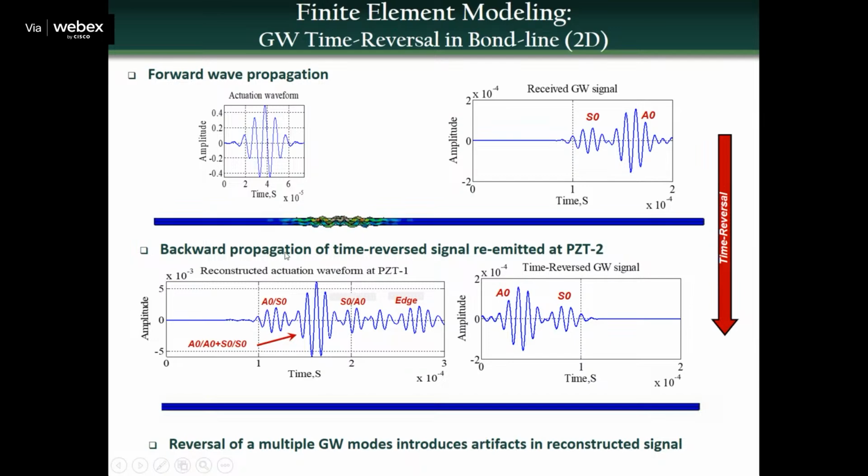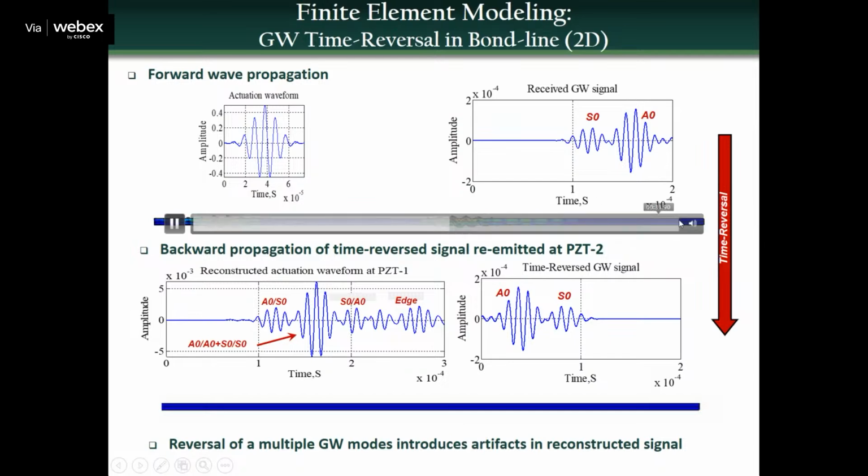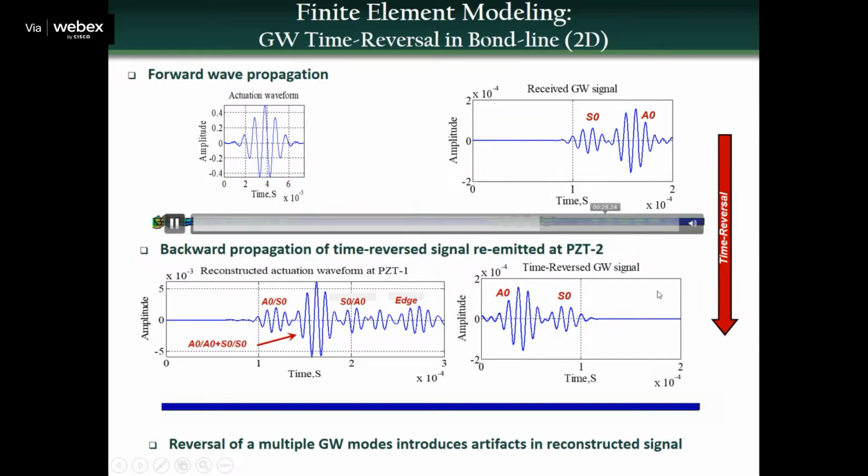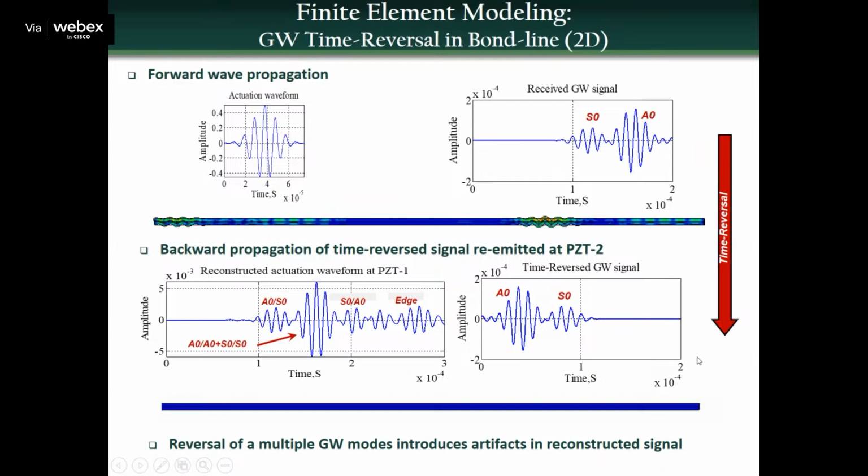So you have your forward wave propagating from PZT1, right? This is the actuation here. Then you'll receive the guided wave. You'll have different wave modes there, as you can see clearly from this simulation. And you can identify the symmetric and asymmetric fundamental wave modes.